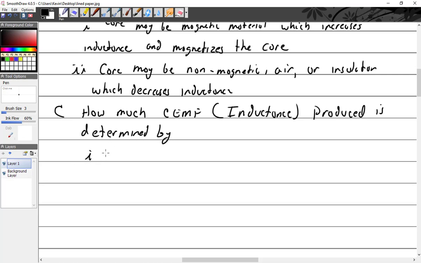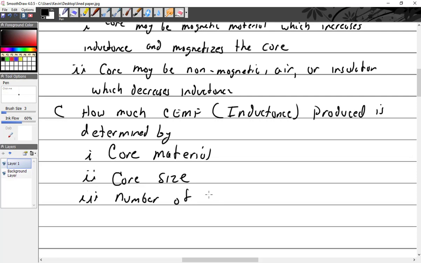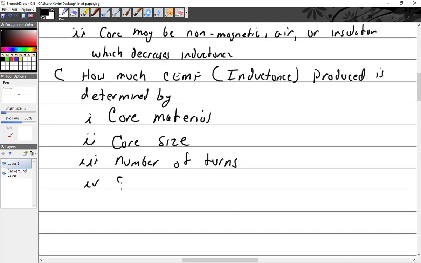Frequency, core material, core size, number of turns, which is the same thing as windings, and size of wire.